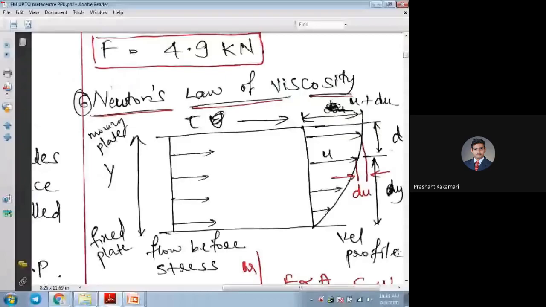To start the flow between the liquids, we need to apply some force, and the force applied here at the top, if you see, is tangential in direction, so we are calling it shear stress.